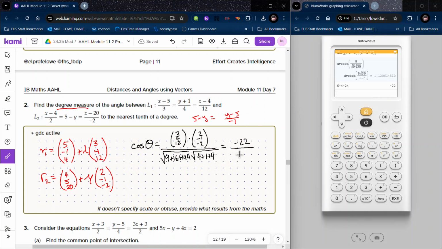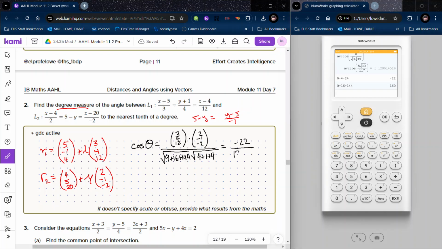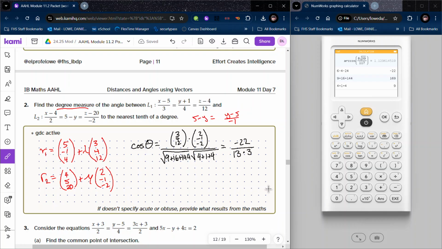In the denominator, 9 plus 16 plus 144 is 169, so I know the square root of 169 is 13. And 4 plus 1 plus 4 is 9, so the square root of 9 is 3.